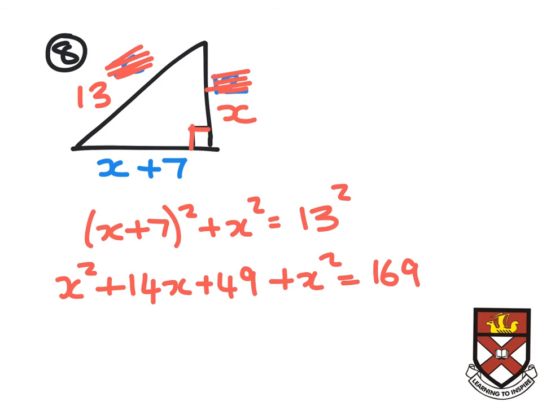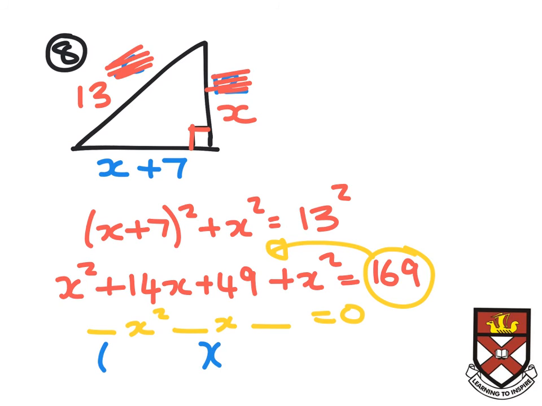Now what you do at this point is you get the 169 over to the other side, you tidy it all up, and you get so many x squareds, so many x's, and a number equals 0. How do you solve that? Pair of brackets. Factorise it. Put it equal to 0, and then you're back to question number 5.